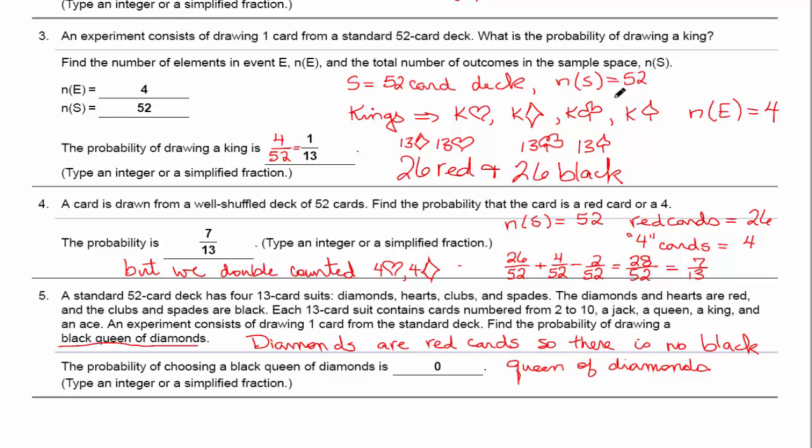What's the probability that I close my eyes and pick out a king? Well, how many kings are there? There's a king of hearts, a king of diamonds, a king of clubs, and a king of spades, so there are 4 in that event. And so the probability is 4 out of 52, which reduces to 1 out of 13.